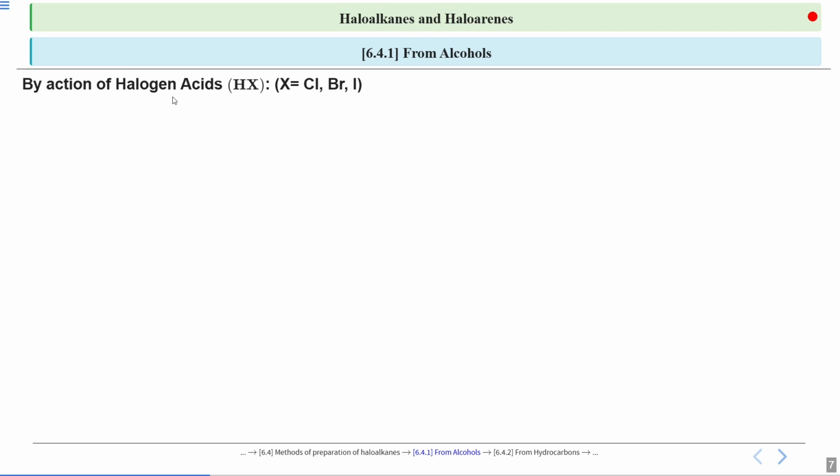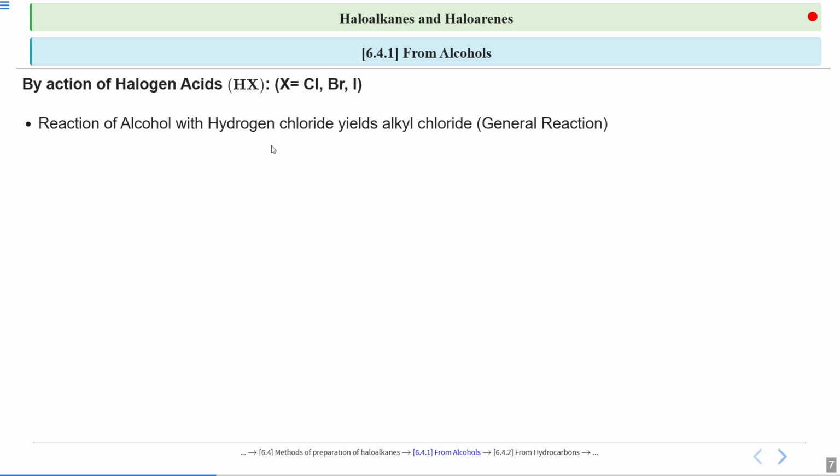So let's see the action of halogen acid. What is going to happen when you react the alcohol with the halogen acids, where the halogen acid is HX, or you can say hydrogen halide, where X is either chlorine, bromine, or iodine. Reaction of alcohol with hydrogen chloride yields alkyl chloride.